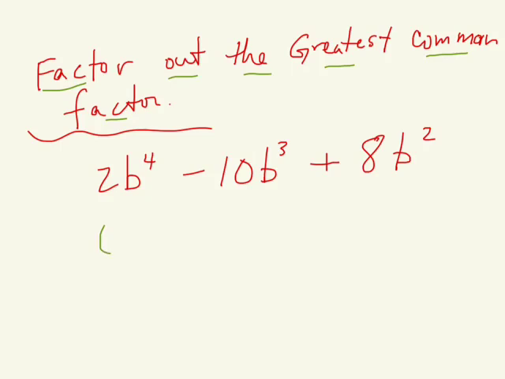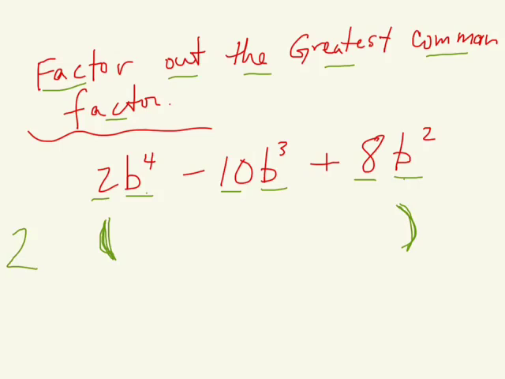Okay, so what it's wanting to do is get these in parentheses right here. And we're going to factor a number out of 2, 10, and 8. What comes out of 2, 10, and 8? Well, the number 2 is the biggest number that can factor into those. What variable goes into b to the fourth, b cubed, and b squared? Well, you can't get a b to the fourth to go into a b squared.